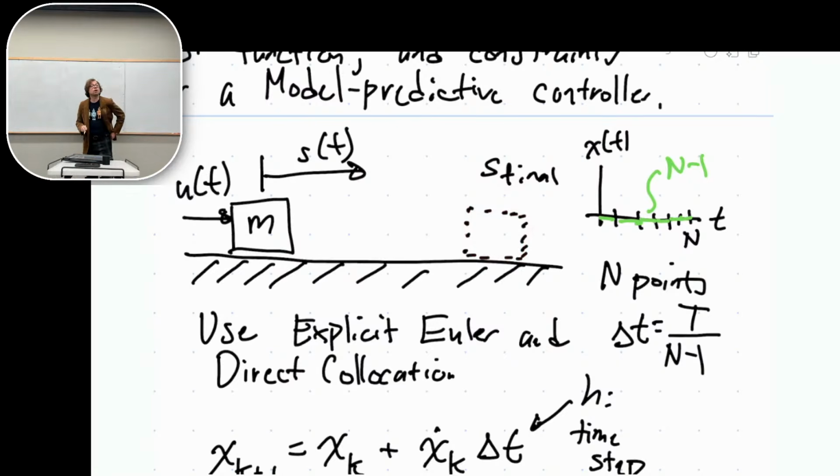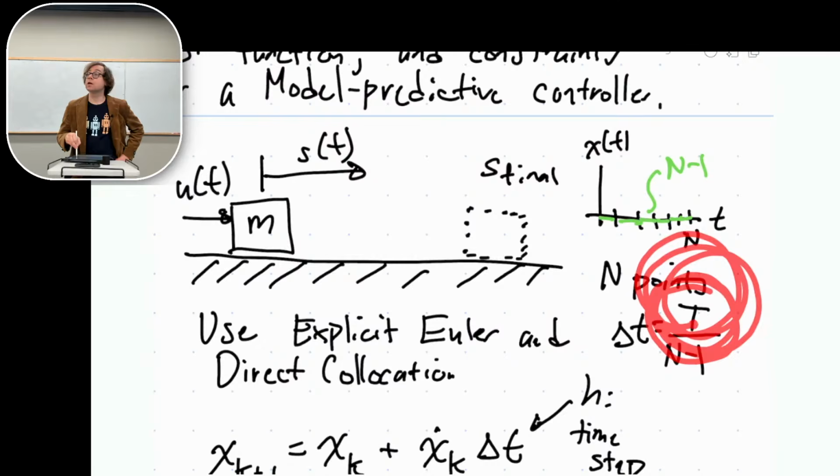Here's what I'm going to tell you. With model predictive control, that's a bad idea. Why might that be a bad idea? The reason is that we had to decide beforehand how long into the future we're going to look. What if I told it too little of a time?